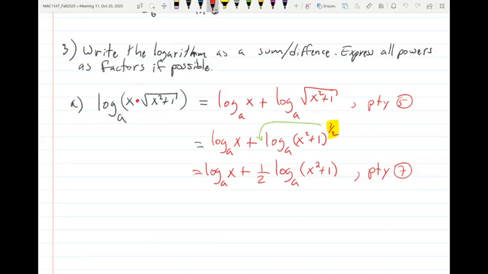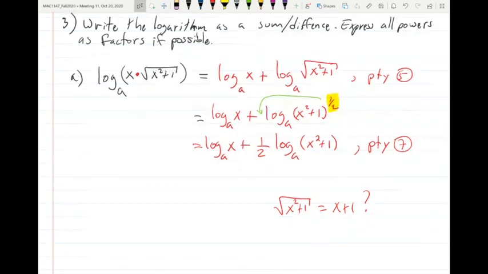Wouldn't the root be x plus 1 and that's it? No. What do you mean? So this is what you're saying? No, this is forbidden, right? So if you had this, then yes. Okay, then yes, but this, no. Those two things are not equal to each other, because the square is only affecting the x.